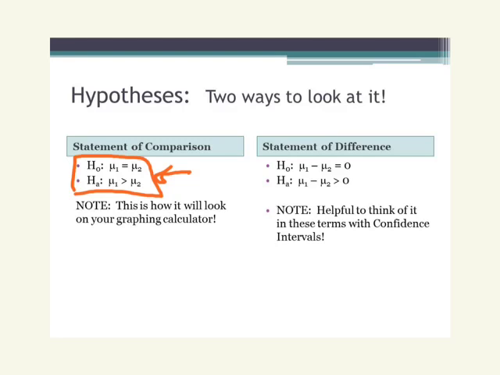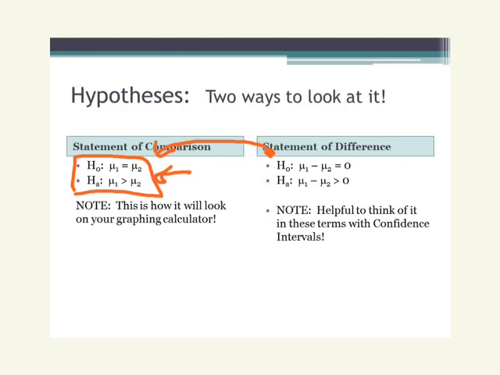And really all we're doing is subtracting mu sub 2 to the other side, and we're still creating this same statement. So instead of saying mu sub 1 equals mu sub 2, we say mu sub 1 minus mu sub 2 equals 0, right? Well, again, these null hypotheses are saying the same thing, because the only way we could subtract them and have it equal 0 is if the two values are equal.